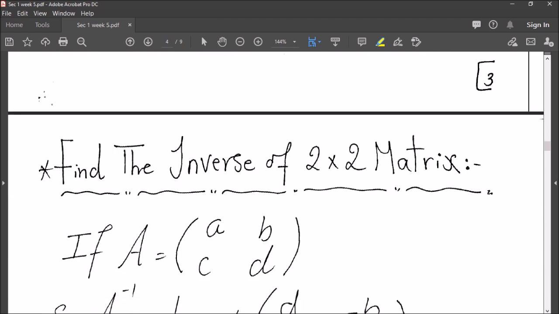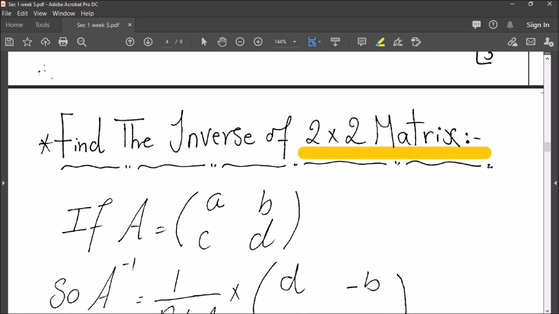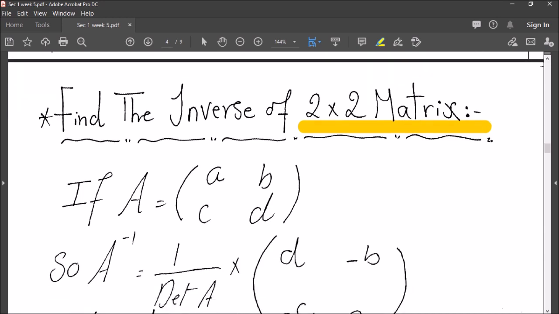Example, or no, it's not an example, it's an illustration: how to find the inverse of a 2 by 2 matrix. Let's assume that A equals [a, b; c, d].